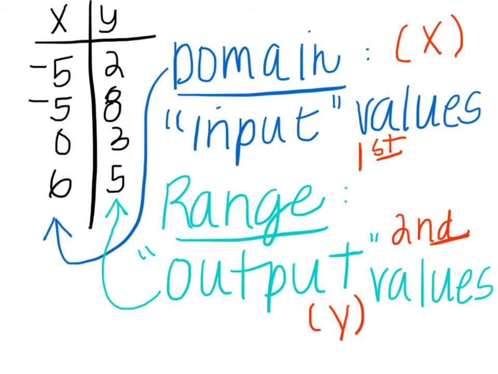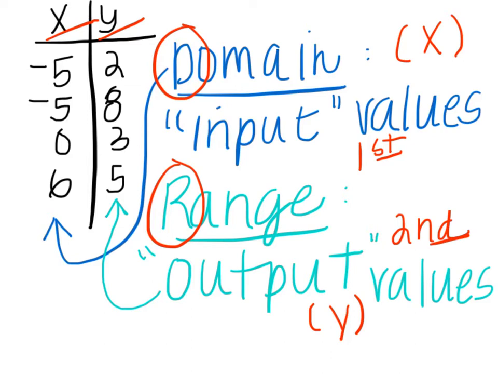And if you have a difficult time remembering that, just like x and y go in alphabetical order, so do domain and range. So you can always remember which goes with which variable. Domain is x and range is y.